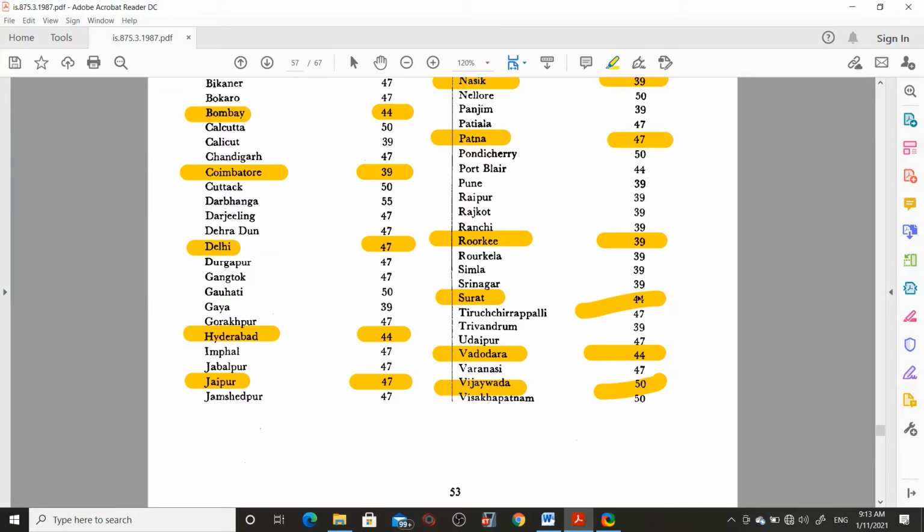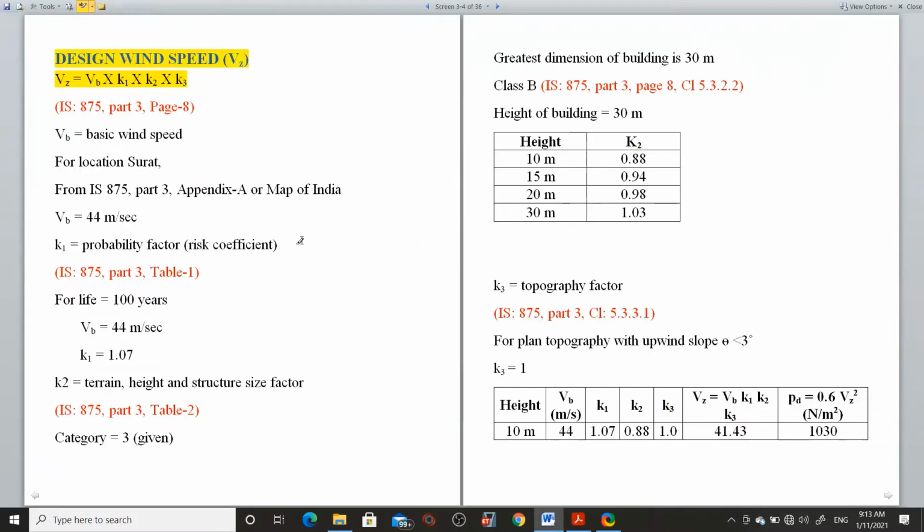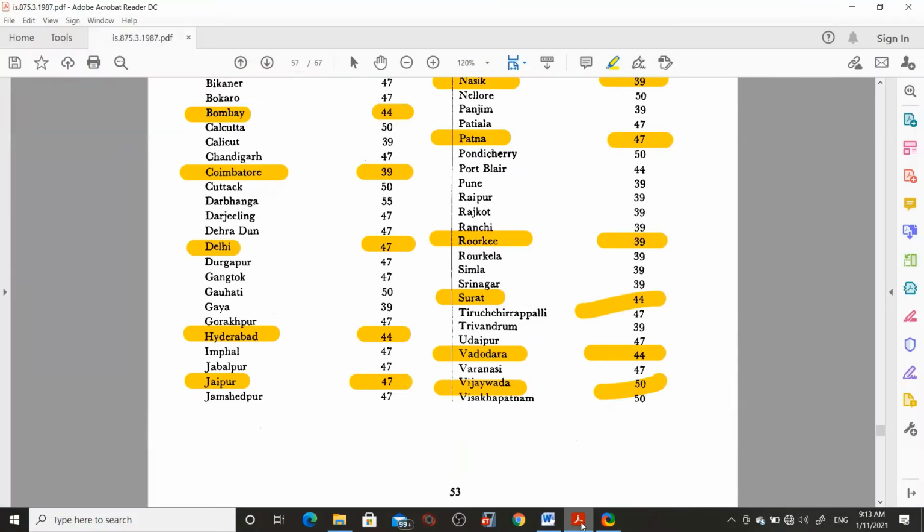So Vb is 44. You can see here, Vb 44 from Appendix A or the map of India. Right? We found Vb, but we have to find out K1, K2 and K3. So let's go for K1.